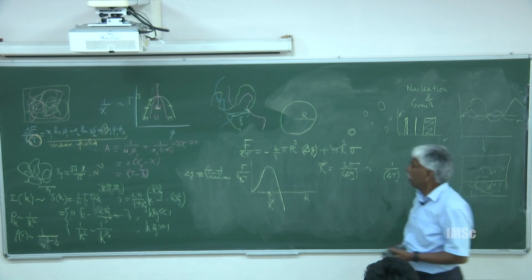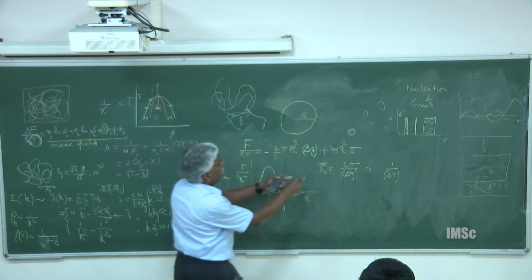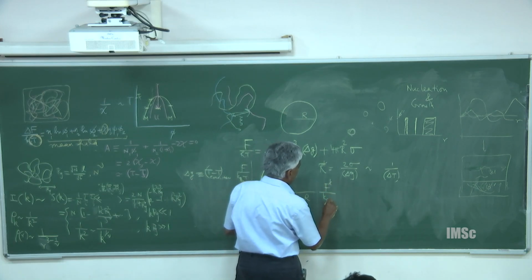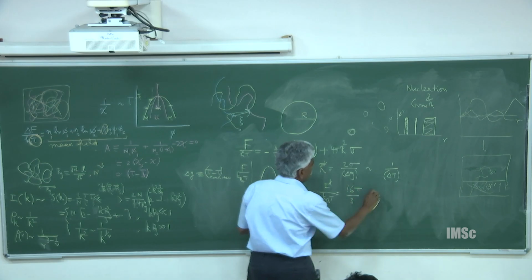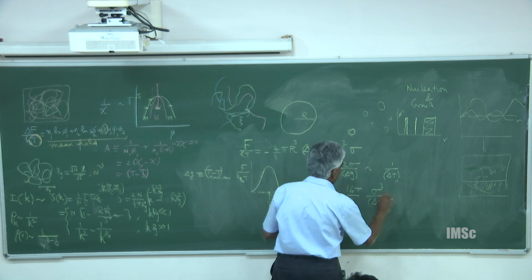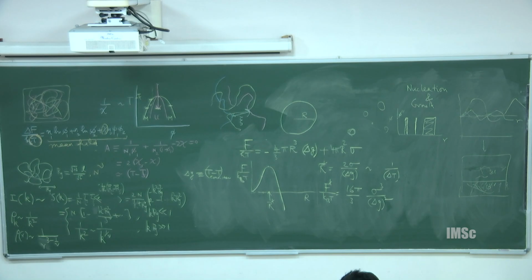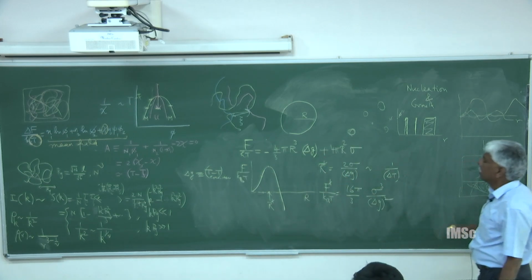Okay, so calculate the free energy barrier for this. I take this value and substitute it back in here. So, the F star in kT is 16 pi by 3 sigma cubed over delta G squared. I'm pretty sure that's what it is, because I know it's related to the volume. You can do the arithmetic, put this back there.